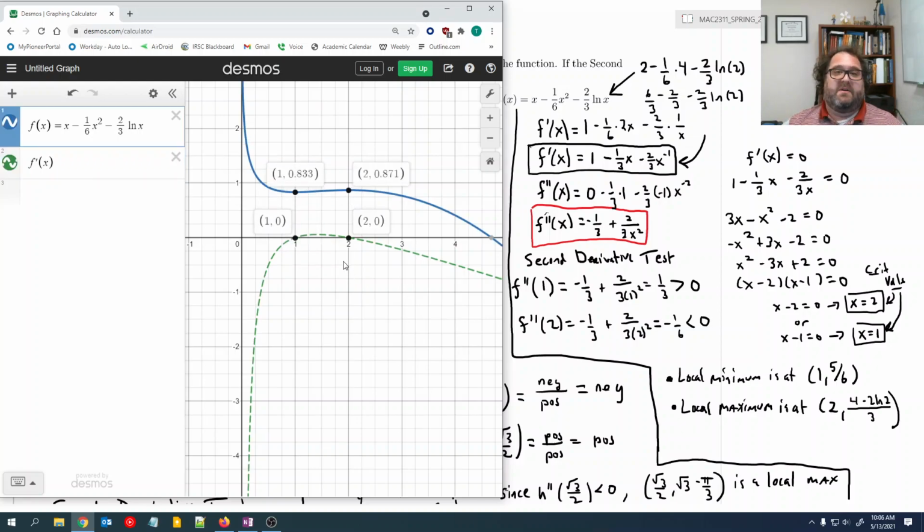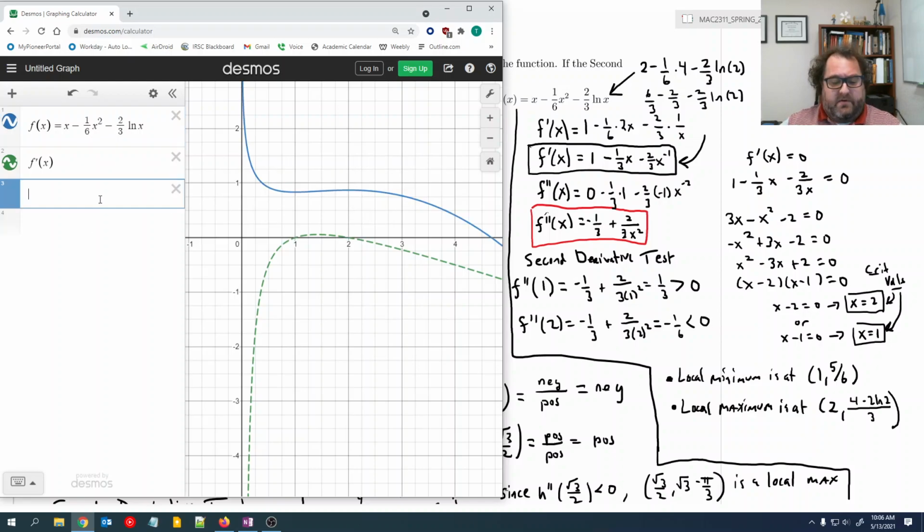And that's what Fermat's theorem told us way back, that if you have a local extrema, it must occur at a critical value, where the slope is either undefined or 0. And here we have two instances where the slope is 0, at 1 and 2, and those led to the local extrema on the original function at 1 and 2.